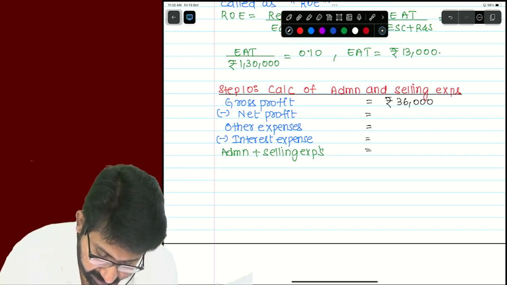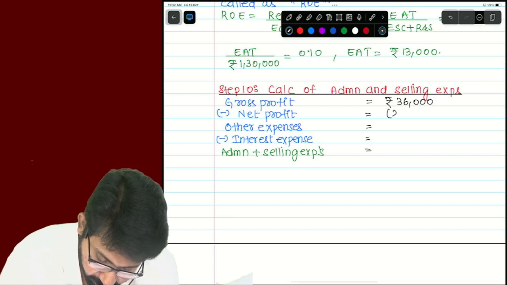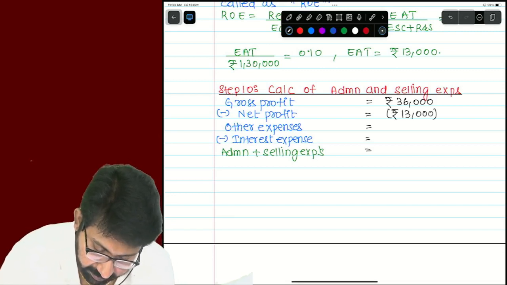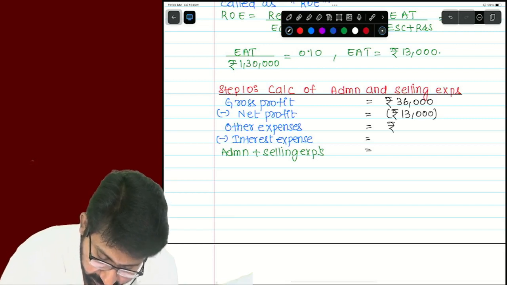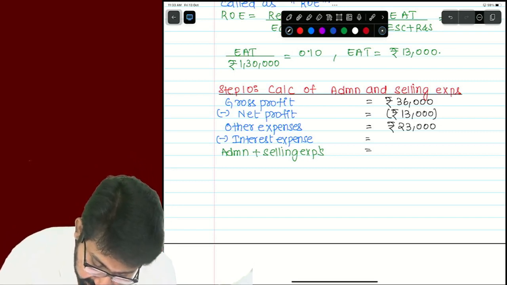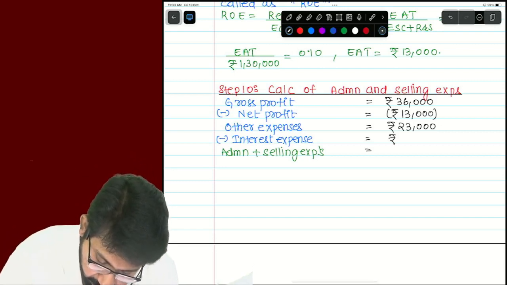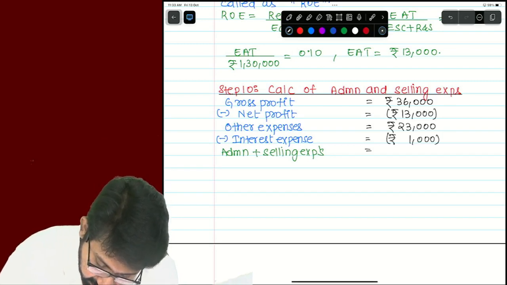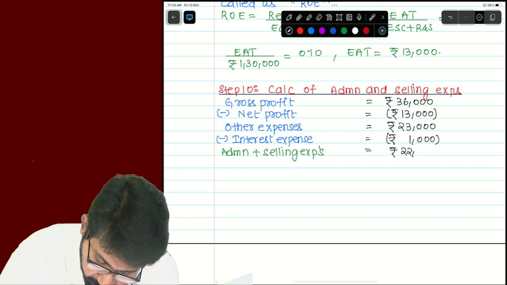How much is the net profit? So the difference will be the other expenses. How much rupees? 23,000. In the 23,000, what is the interest expense? How much is the administration and other expenses? 22,000.